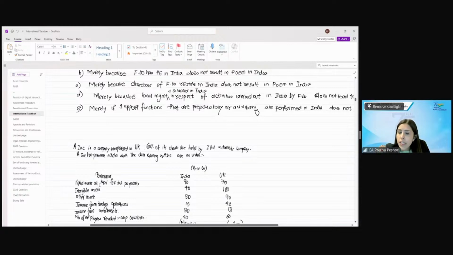Because the passive income should not be only the income from India. It should be the total global passive income that you are looking at. It is not saying that you only look at the Indian income. But for the assets, the criterion is that the assets in India should not be more than 50% of the total assets. Are you getting this point? So what are my fixed assets in India? 90.